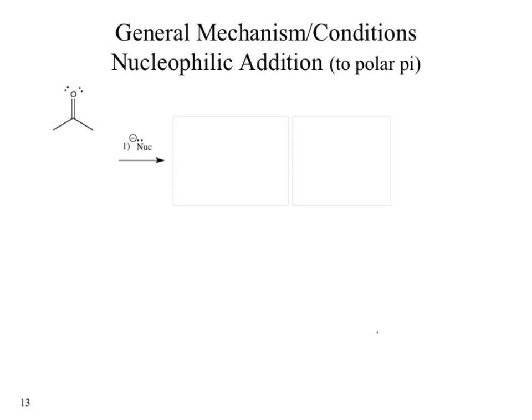Our general mechanism, when we're dealing with our polar pi bond, we've got our nucleophile, and under this condition, what chapter do you think we'd be looking at? Chapter 17 or chapter 18? 17, because it's a strong nucleophile, because we see that negative charge. We'll run into issues with what strength means when we move into 18, but this at least gets us a first pass.